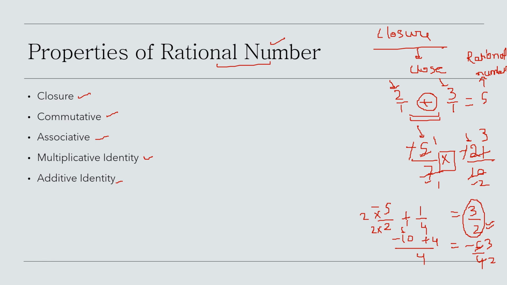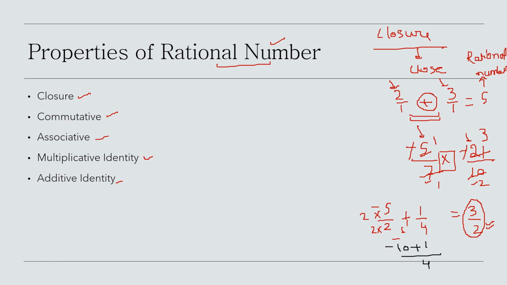Yes or no? That's why just a bit I have written here 4. What does it have to be? Just a second, I'm erasing it. Okay. It has to be minus 10 plus 1, correct?